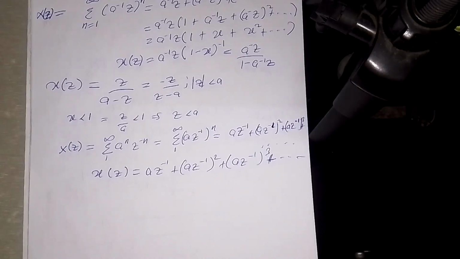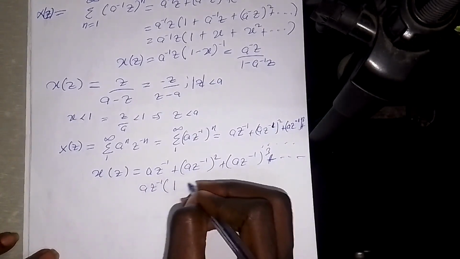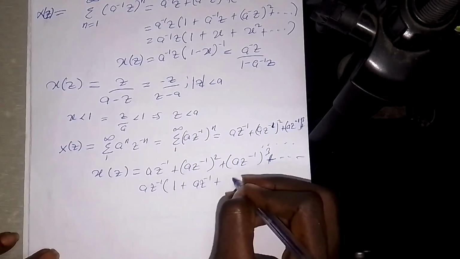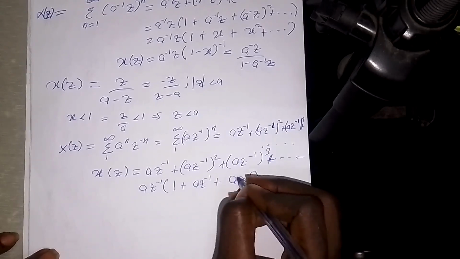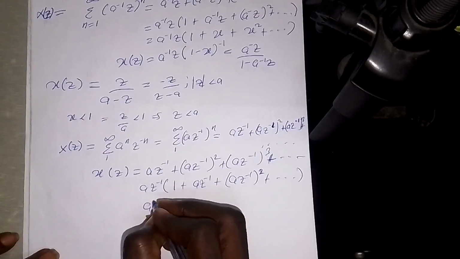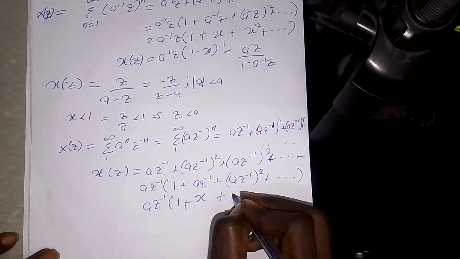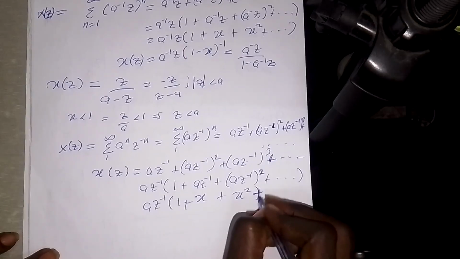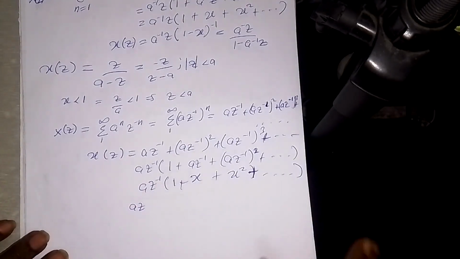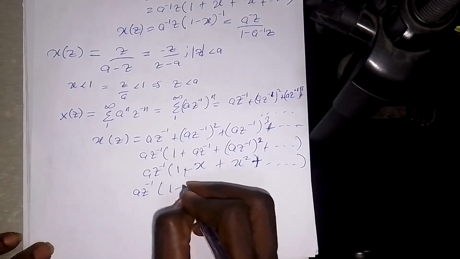Now if I bring something out, a z^(-1) can come out. I'll have 1 plus a z^(-1) plus (a z^(-1)) squared, plus, going to infinity. So a z^(-1) into 1 over 1 minus a z^(-1).